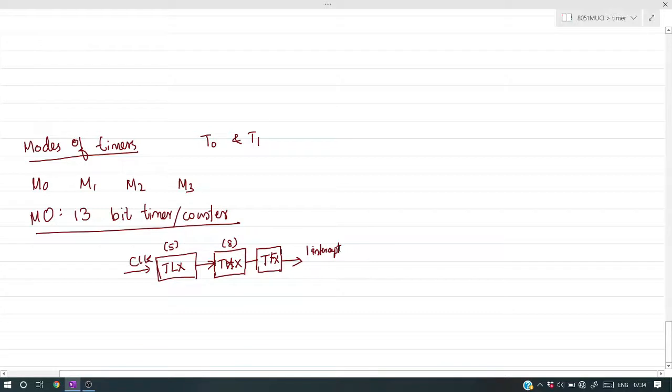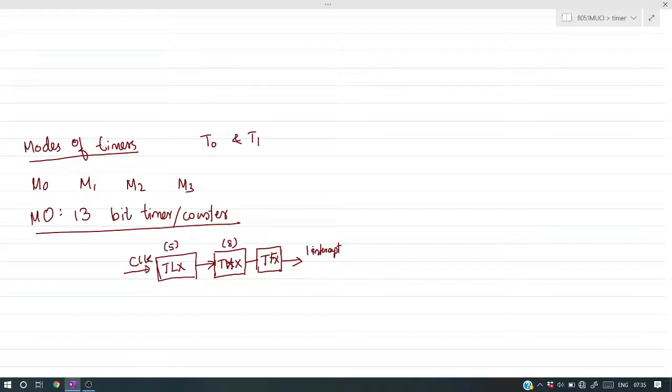It will interrupt the processor and service the ISR. Clear? So on every clock pulse, the lower byte, TLX, is incremented. Whenever the lower byte overflows, it increments the higher byte. If the higher byte also overflows, it will set TFX equal to 1.